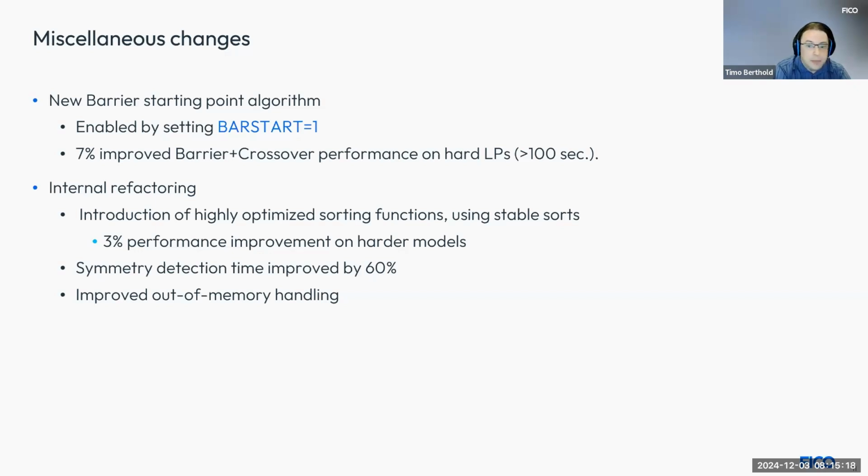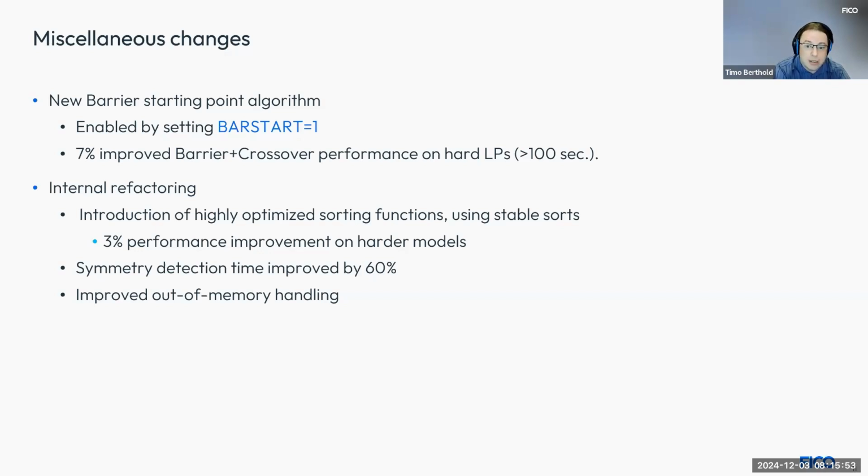And then finally, we went through some internal refactoring, which is not unusual during a development process, but I think one thing I would like to mention today is that this time, besides others, this involved revisiting all our uses of sorting algorithms internally, which seems like a minor detail, but here this yielded some quite measurable performance gains pretty much all over the board.